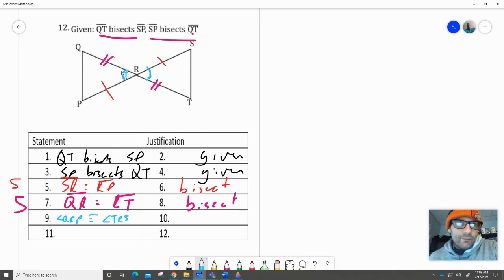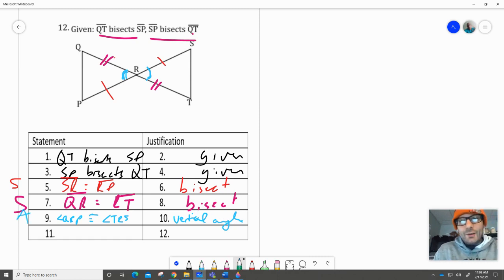Because we have 2 lines intersecting each other. These 2 angles are not adjacent to each other. They're across from each other at the X, so those are vertical angles, and vertical angles are congruent. That's why we can say angle QRP is congruent to angle TRS. So now that gives us our A.